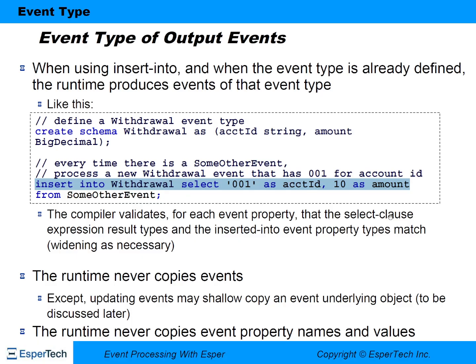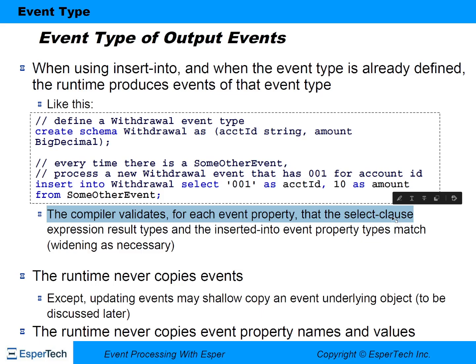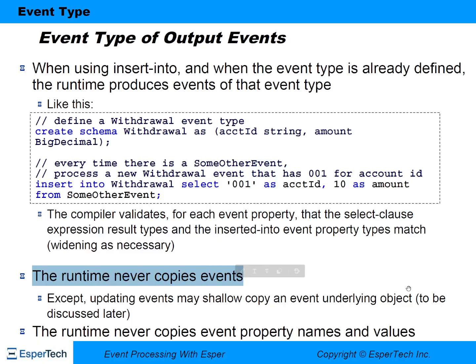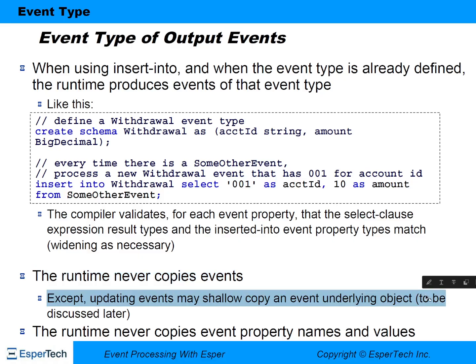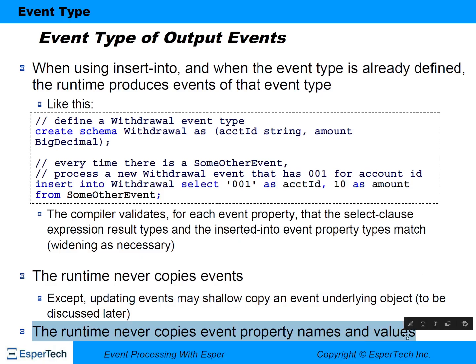The compiler validates, for each event property, that the select clause expression result types and the inserted into event property types match. Widening is necessary. The runtime never copies events, except that updating events may shallow copy an event underlying object, to be discussed later. The runtime never copies event property names and values.